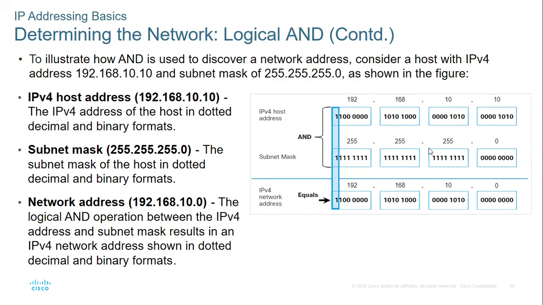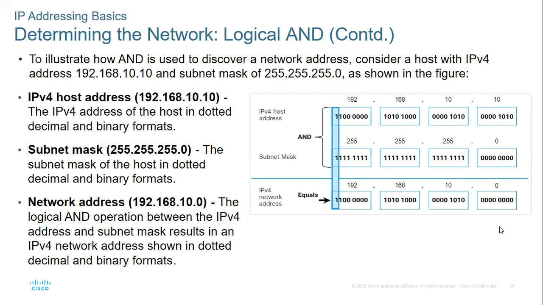We have the subnet mask, which we have to change into 1s and 0s. So here you can see 1 and 1, it's 1. 1 and 1, it's what? It's 1.